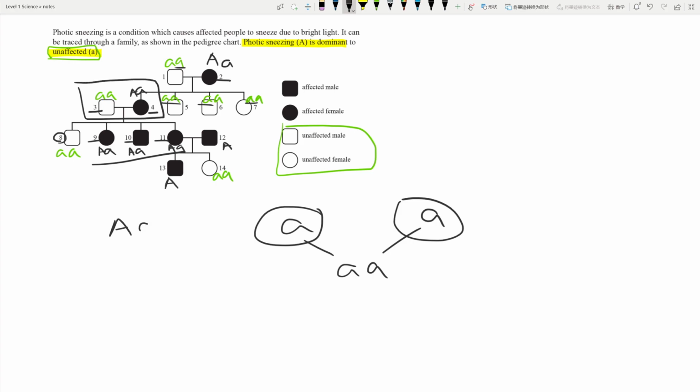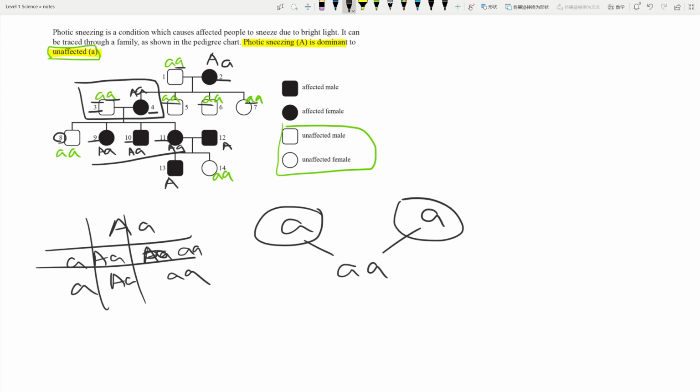And then you can work backwards. They have to inherit one small a from parent number 3, and then because they are affected, they would have got the dominant trait as well.